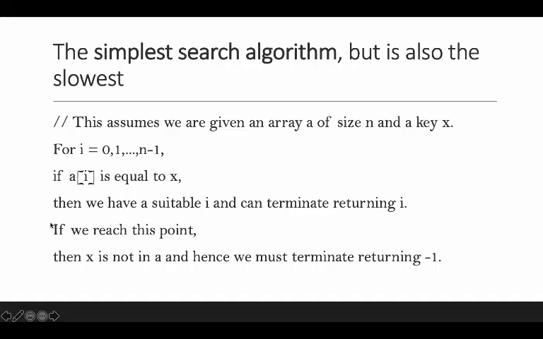Then we can conclude that x is not matching with any one of the elements in the array A, and hence we must terminate returning -1. So this -1 indicates an unsuccessful search.